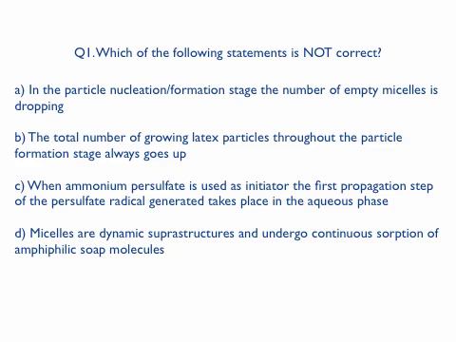B, however, says the total number of growing latex particles throughout the particle formation stage always goes up. This was initially thought, but later on, when people looked more closely at homogeneous nucleation, they saw that sometimes you could get coagulation at the very early stages of particle nucleation. If you think about it, you have one sulfate group, you start to form a polymer chain that collapses on itself.